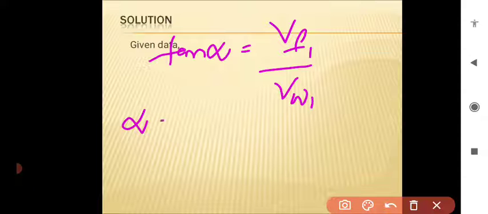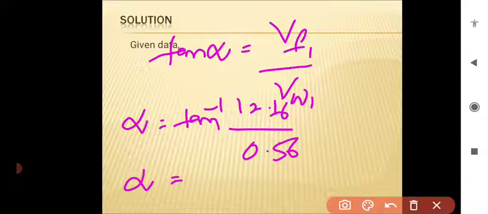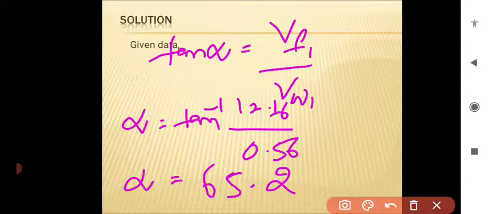So alpha is equal to tan inverse, Vf1 is equal to 12.16 and Vw1 is equal to 0.56. So alpha is equal to, calculate it, you will get the answer of alpha, that is equal to 65.20 degrees.